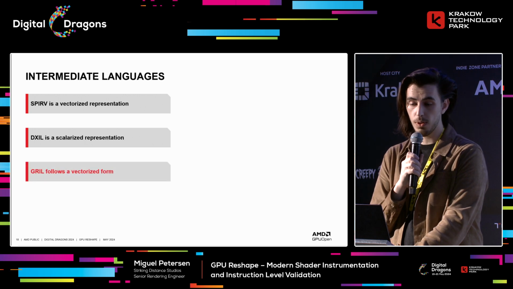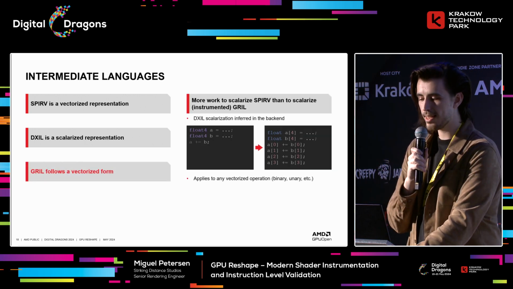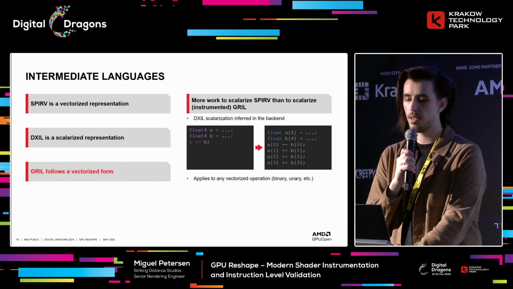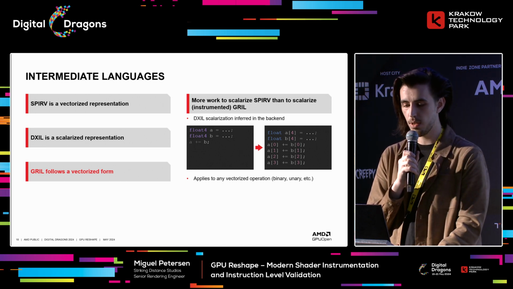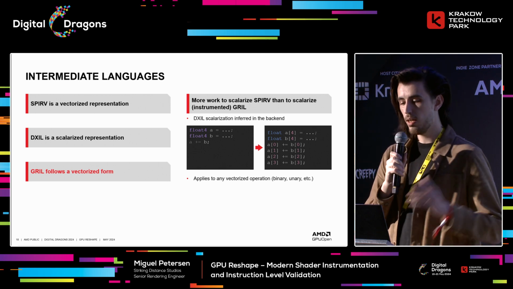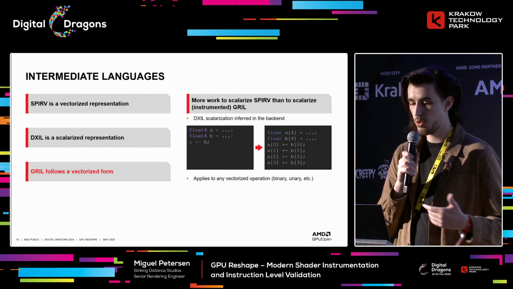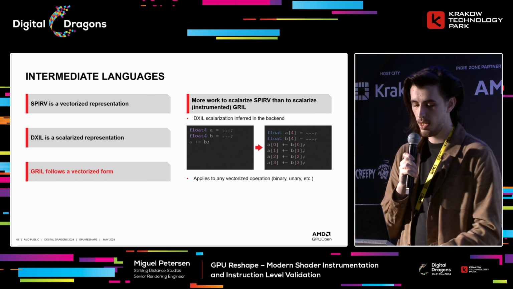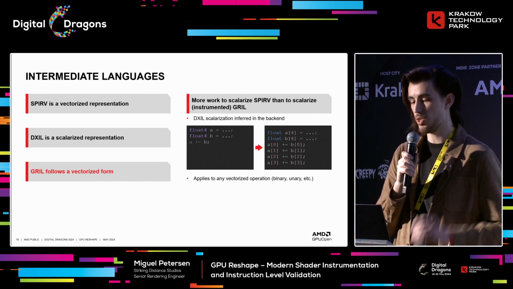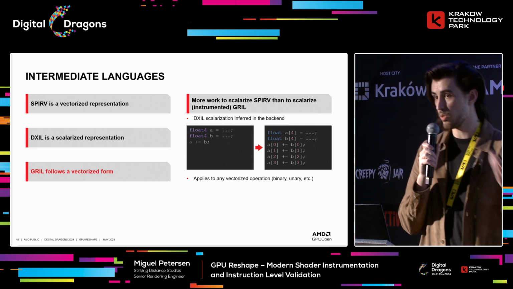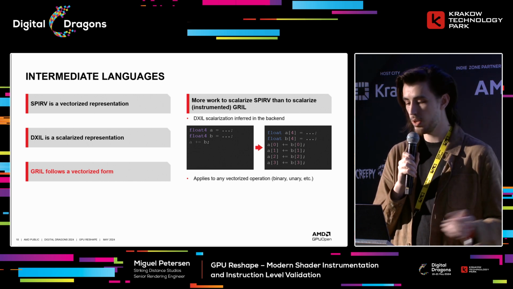GRIL chooses to follow a fully vectorized form because it would be far more work to fully scalarize SPIR-V than to just scalarize any changes to the GRIL instructions. These snippets demonstrate what's happening. On the left-hand side, we have a vector addition, which simply gets scalarized down to its individual components. And this applies to any vectorized operation. The backend, in this case the DXIL compiler, will infer everything for you. You don't really have to do anything.